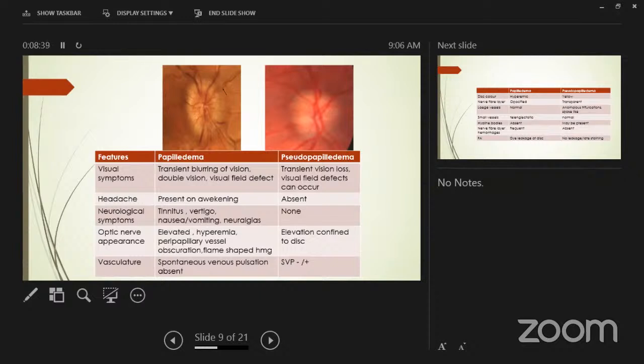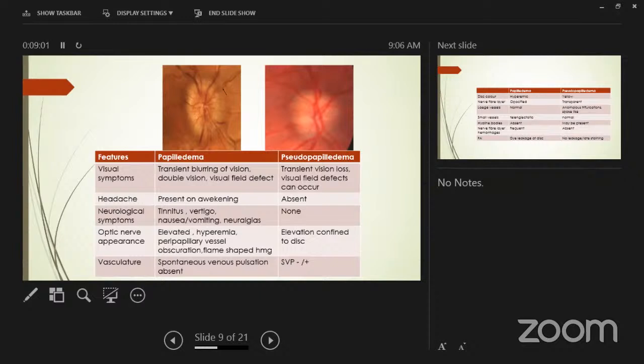Now we'll see a few of the differentiating features. First is visual symptoms. As I already described, in papilledema there will be transient obscuration of vision and visual field defects. But in pseudopapilledema, only transient loss of vision can occur, and visual fields are normal.